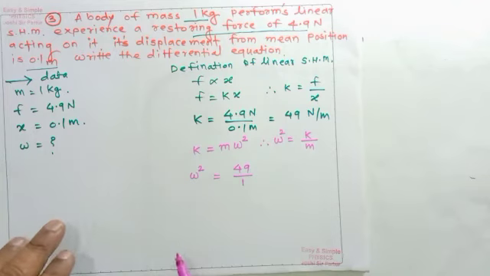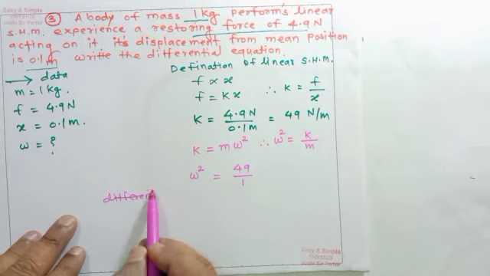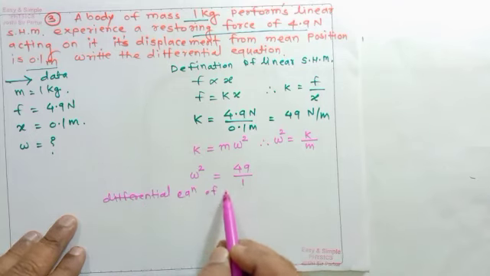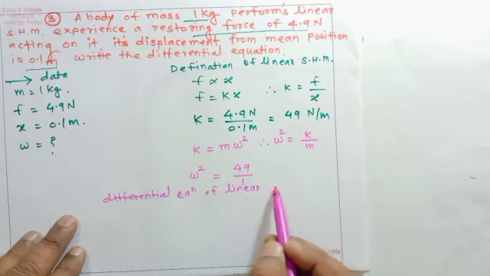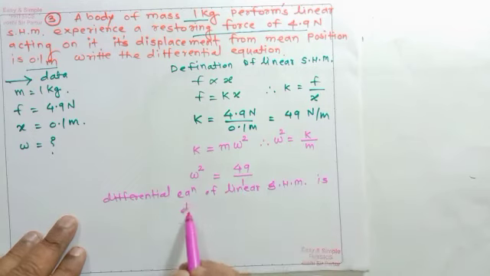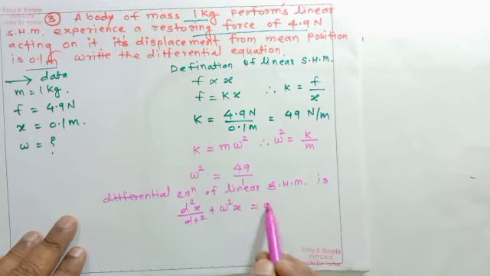And we know the differential equation of linear SHM is d2x upon dt square plus omega square x equal to 0.